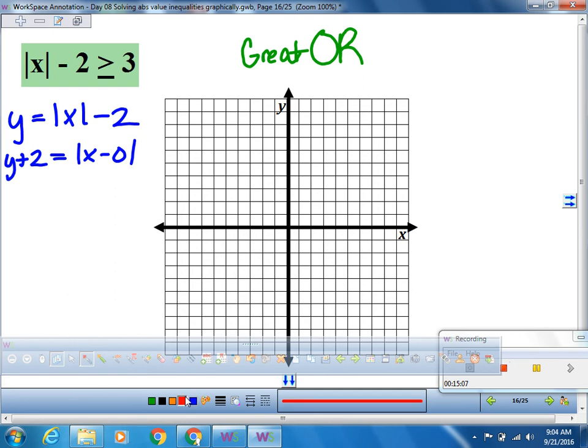Then my other function is y equals 3. So I'm going to graph my first function. It's going to be shifted nothing on the x-axis, but shifted down 2 on the y-axis. And again, there's no rate of change. There's no slope.